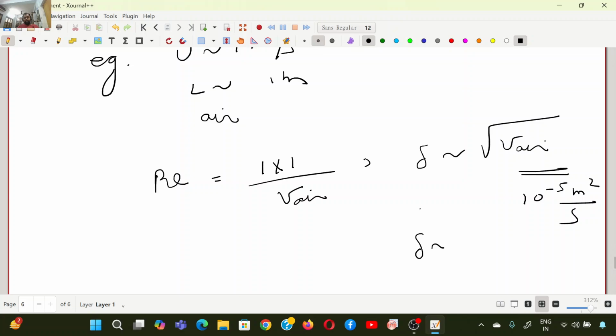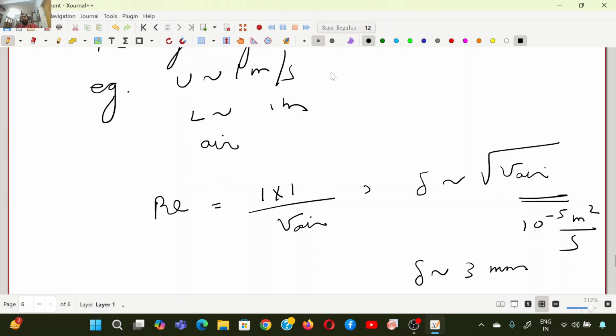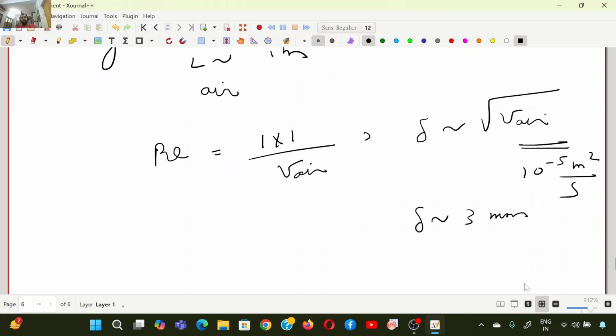So our boundary layer thickness will be 3 millimeter. So for 1 meter per second flow velocity and length scale 1 meter, your boundary layer thickness will be just 3 millimeter.